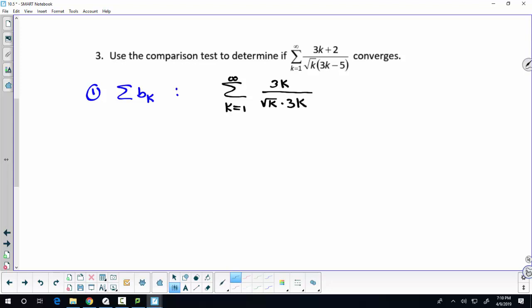We're just going to think about leading term versus leading term. We can simplify this. Our threes divide out, we have k over k to the 1/2 times k to the first, which is k to the 3/2. You would just not care about the -5 to k?